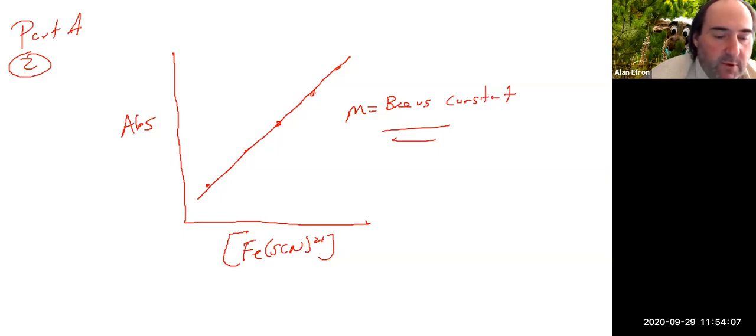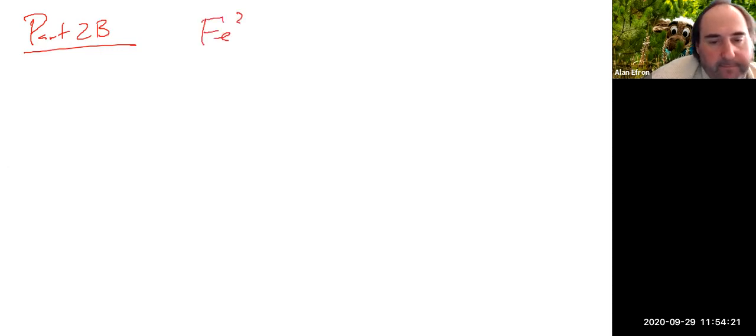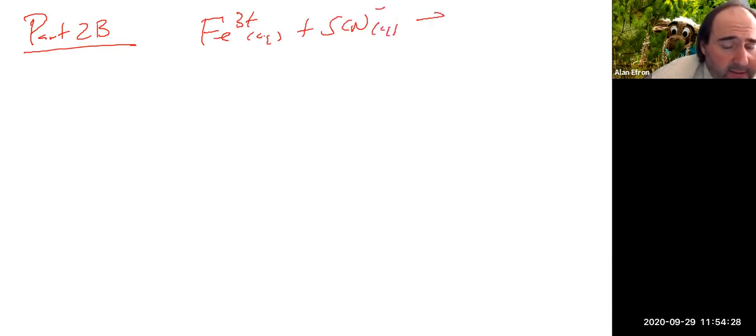And the reason why we want this is we're going to do this reaction in part 2B not the same way as they did part A. What we're going to do here is not make it so that one of them is the limiting reagent and one of them is the excess reagent.